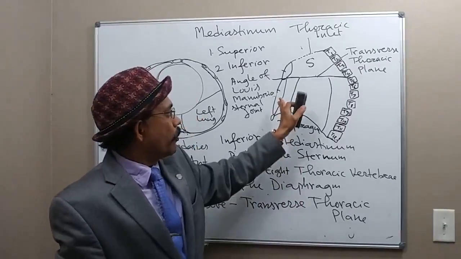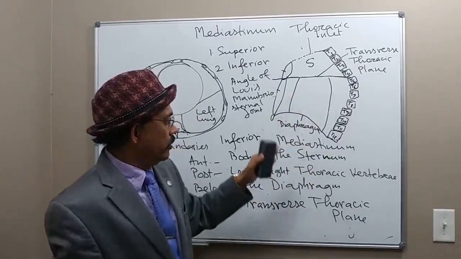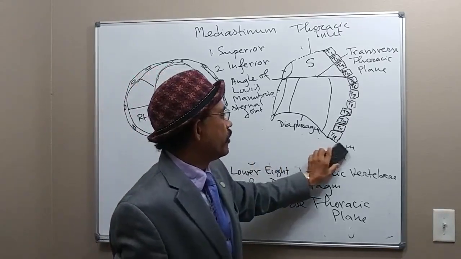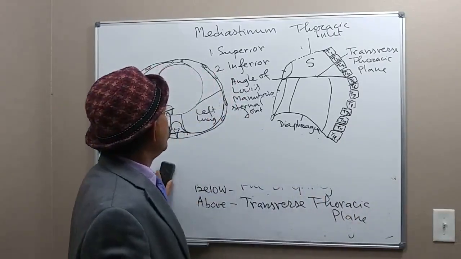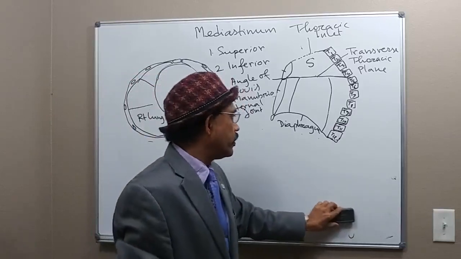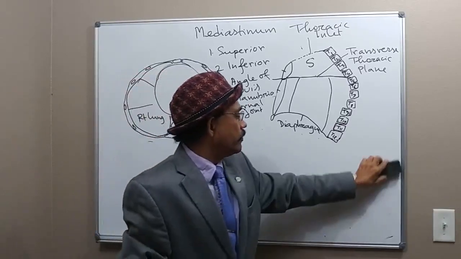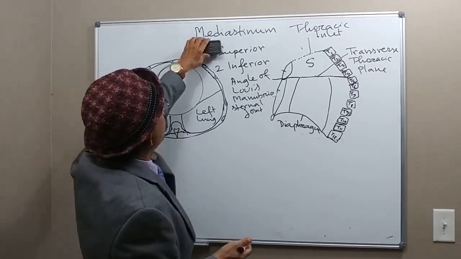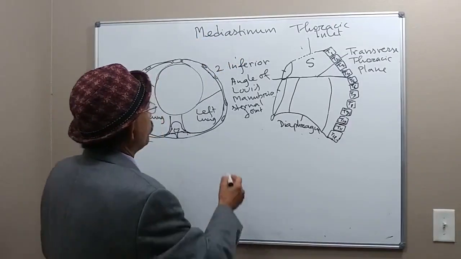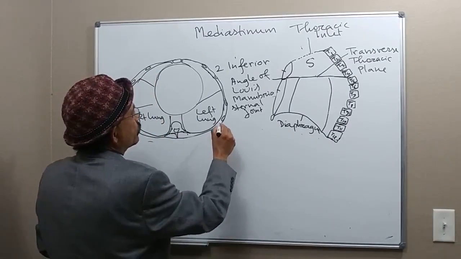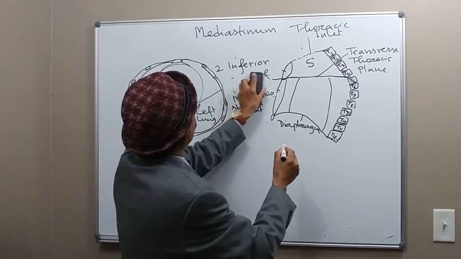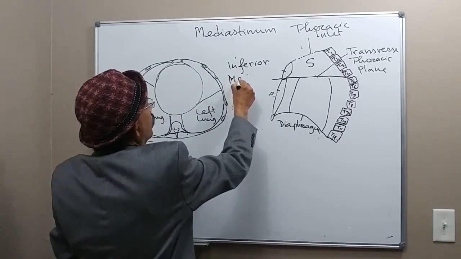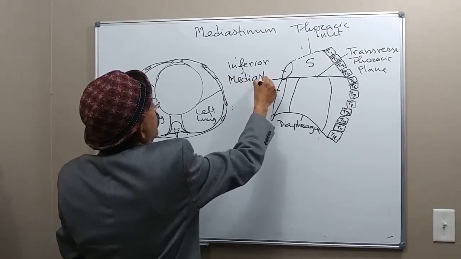For proper description and understanding, the inferior mediastinum is again divided into 3 divisions. So we are going to the inferior mediastinum.